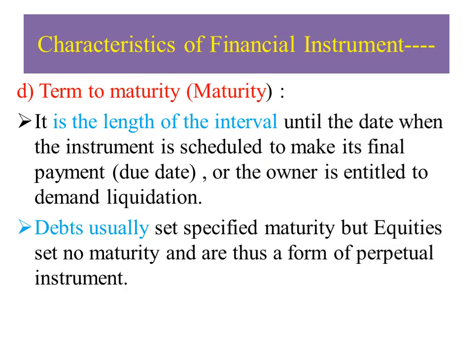So the length between the time of agreement and the time of getting payments, that is interest as well as principal, is known as term to maturity, or the interval in between. Debt has a specified or fixed time of maturity, while equity, as we said, has unlimited time of maturity. This is another characteristic of financial instrument.